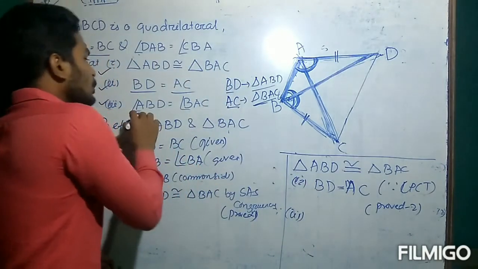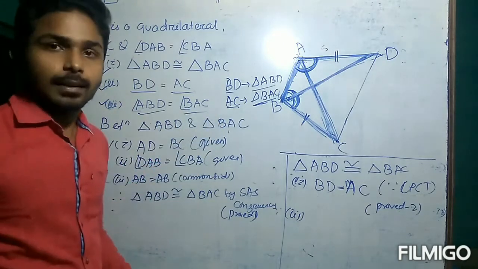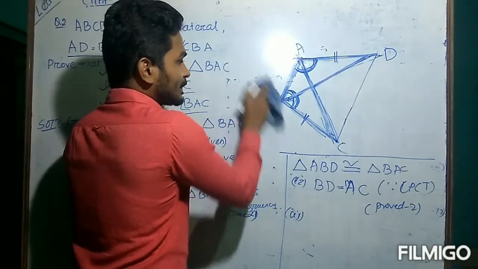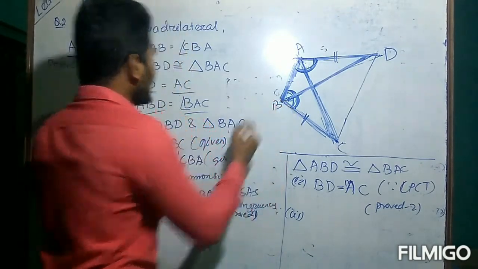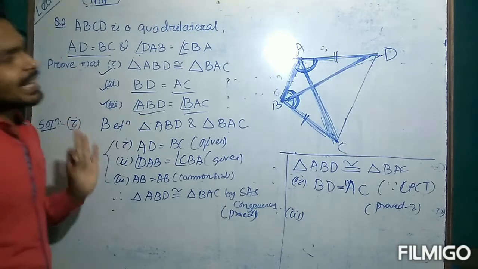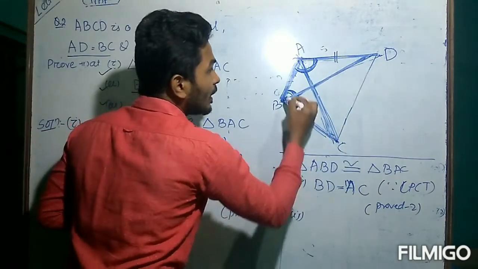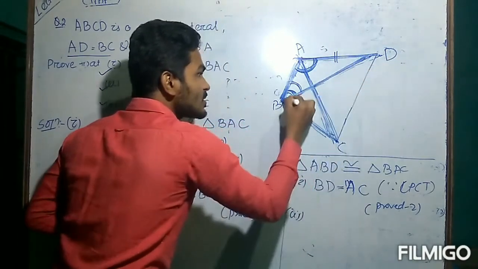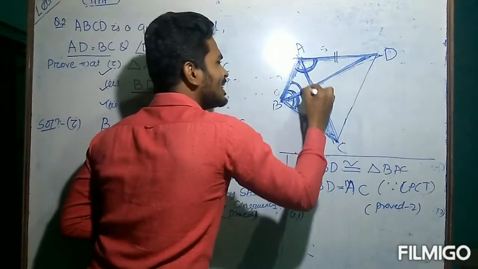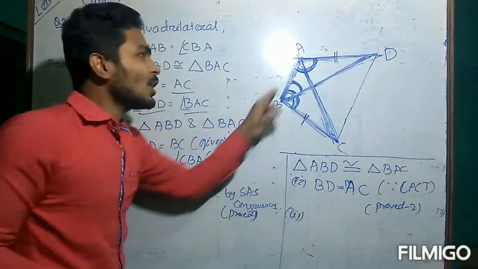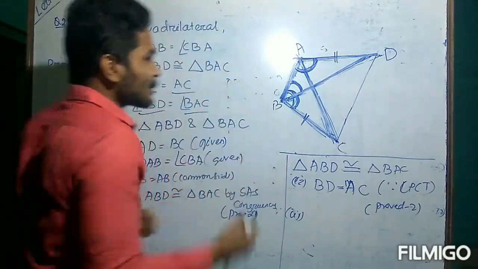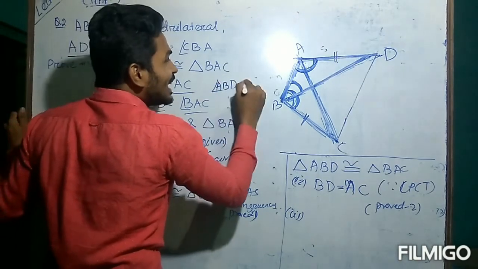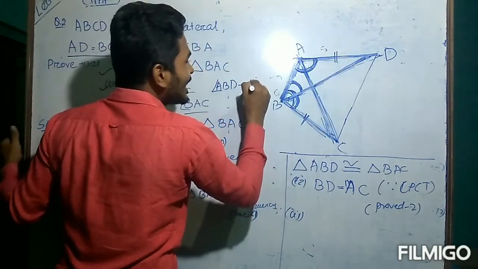See, we have to prove ABD angle is equal to BAC angle. Right? So let us first identify those two angles. ABD and BAC. ABD angle, this angle. If we consider this triangle, then this is an angle of this triangle or not? Yes. So can we write that ABD angle is an angle of this triangle?